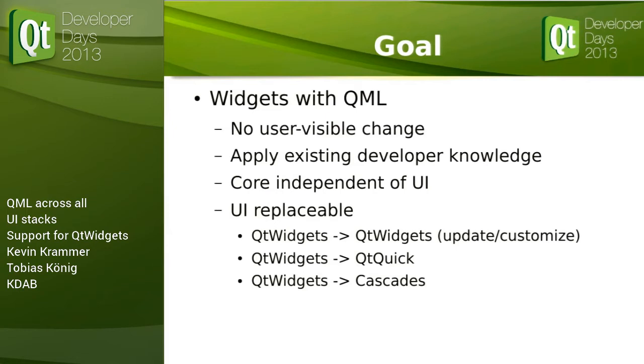That means you have the description in QML now and the business logic in C++. And for the moment, you use a QML file, and the QML file will then be used by the Declarative Widgets library to instantiate QtWidgets. And that's the first step.